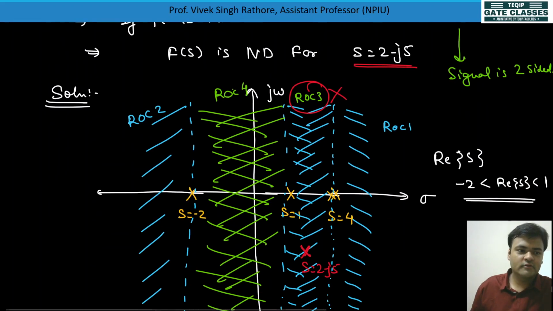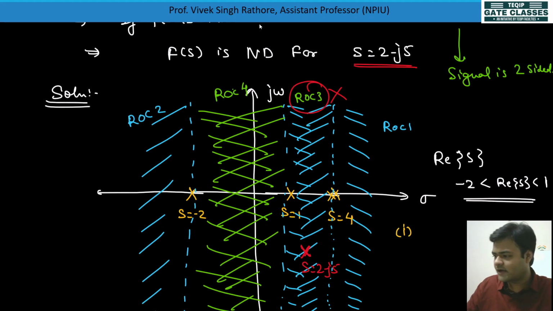By seeing the expression, I will ask you some questions. You should pause the video, answer yourself, and then listen to the video. First question: your F of s was given in the question. According to F of s, these are the possible ROCs that can be drawn.